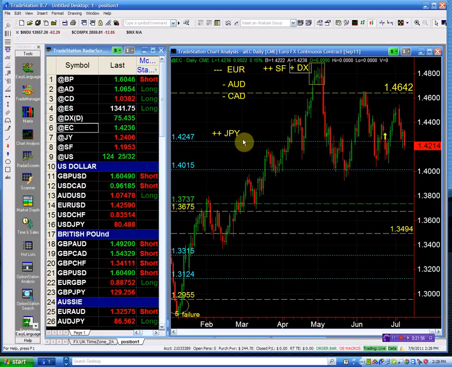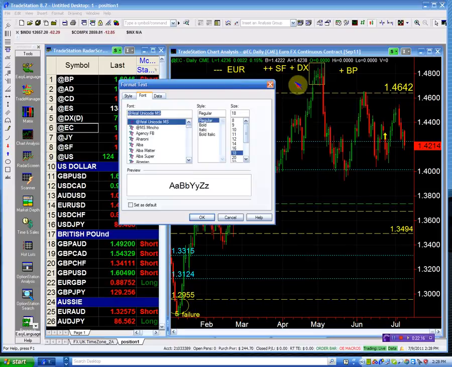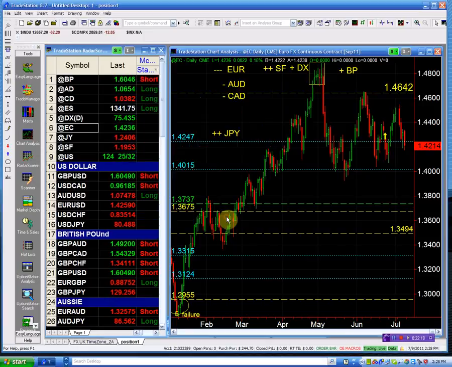You can probably expect to see some weakness in the Euro Pound. So the Euro as a whole, you can see that it is crashing on the way. So I'll be looking at the Euro Swiss, the Euro Dollar, the Euro Pound. I might look at the Euro Aussie also.